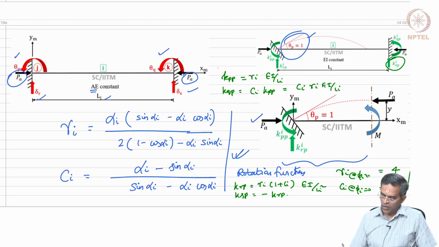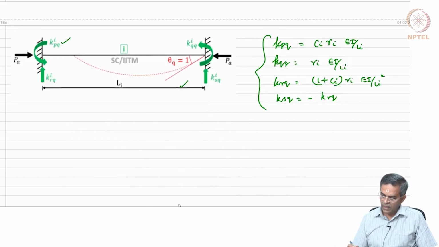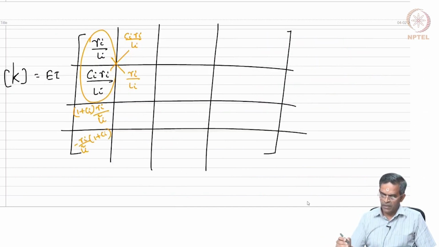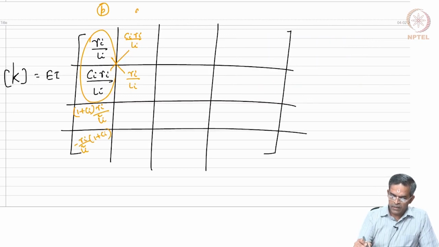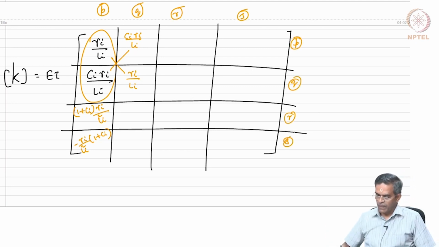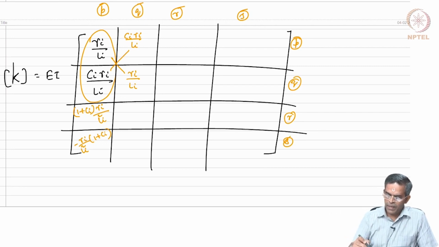KPP, KQP, this is the first column, okay. The second column will be KQQ is Ri Ei by Li. I am doing the same thing. This is P, this is Q, R and S. Okay. So, I am looking for, let us say KPQ, okay, KPQ.